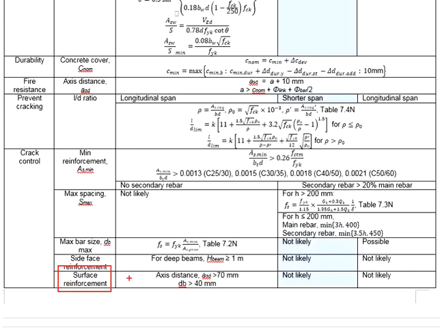As for the surface reinforcement, also not all beams will require it. Only special types of beam where the axis distance is more than 70 mm or the bar size is more than 40 mm, then you will need the surface reinforcement.